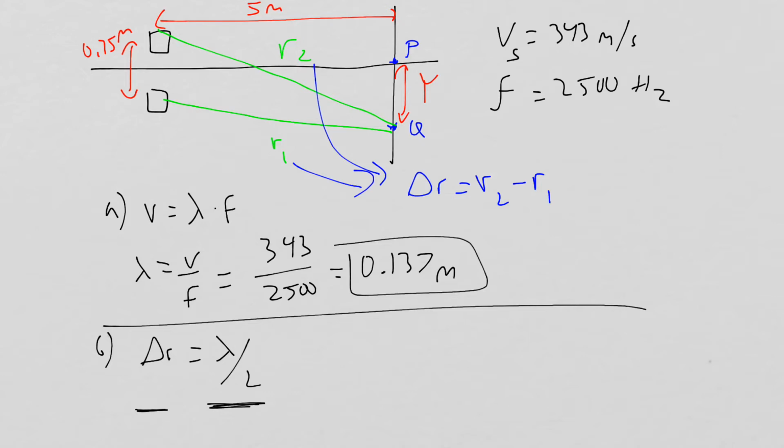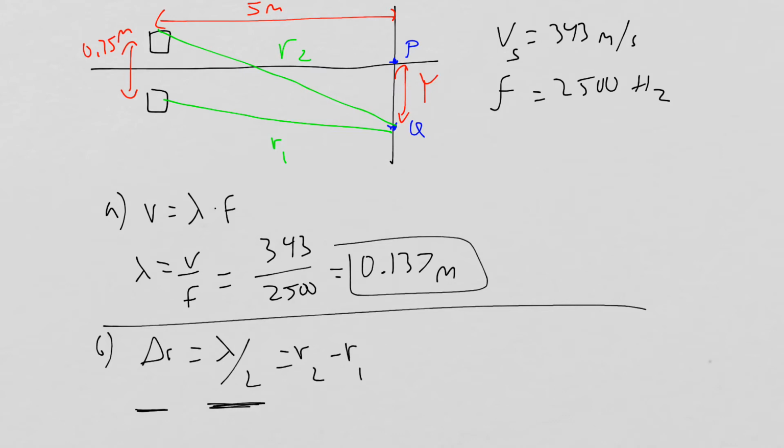What we need is a way to write this R2 value in terms of lengths we do know. I'm going to get rid of some of this in blue because I need that color. We know that this is just going to be R2 minus R1.